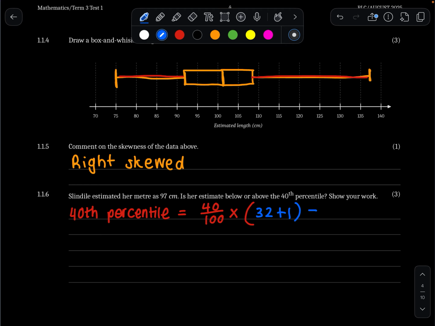And it is going to give us a position. It's not going to give us the answer yet. So let's work this out. So 40% times 33 is the 13.2 position.